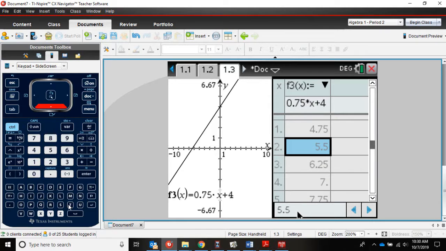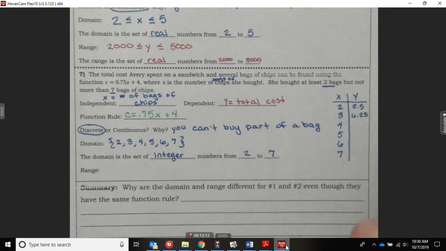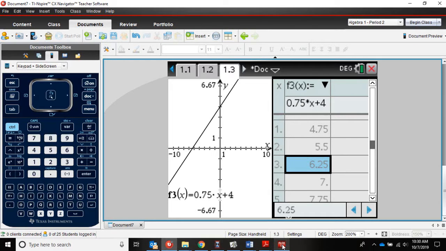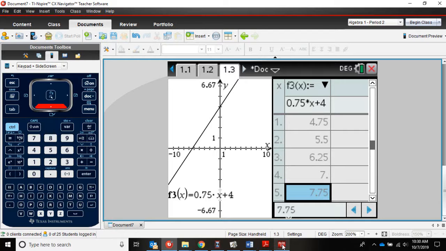and I need to find what does it cost at 2? Well, $5.50. At 3, it's $6.25. And as I'm doing this, I'm writing it down on my paper, filling in those numbers. And so 4 is $7, 5 is $7.75, 6 is $8.50, and 7 is $9.25.